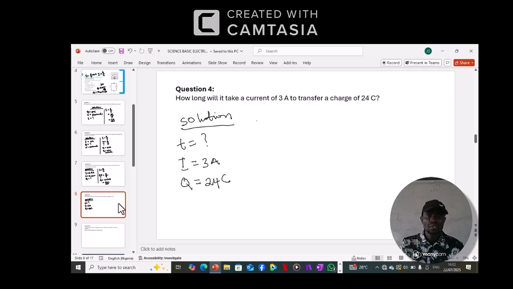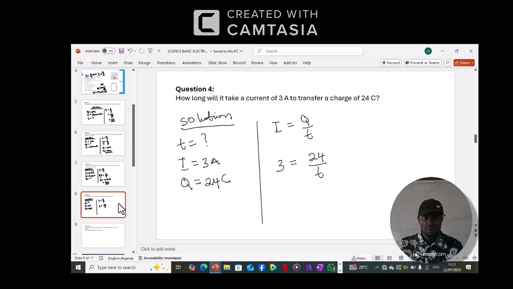Now what you do next is to write the formula. The formula is I equals Q over T, and then substitute. After you have written the formula, the next thing is to do substitution. I is 3 equals Q is 24, then T unknown.